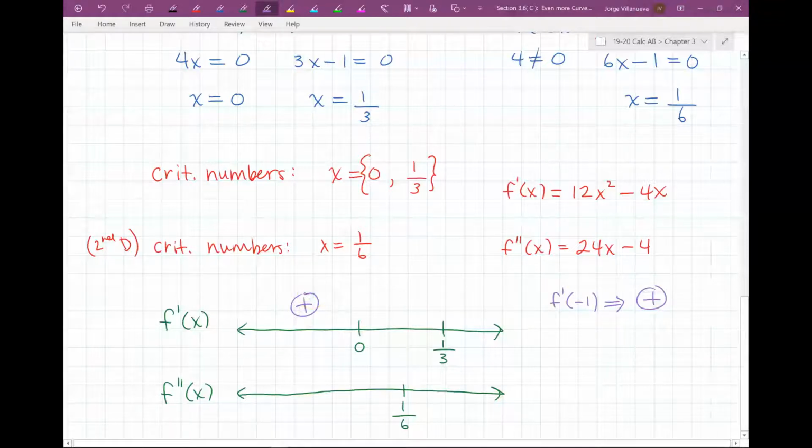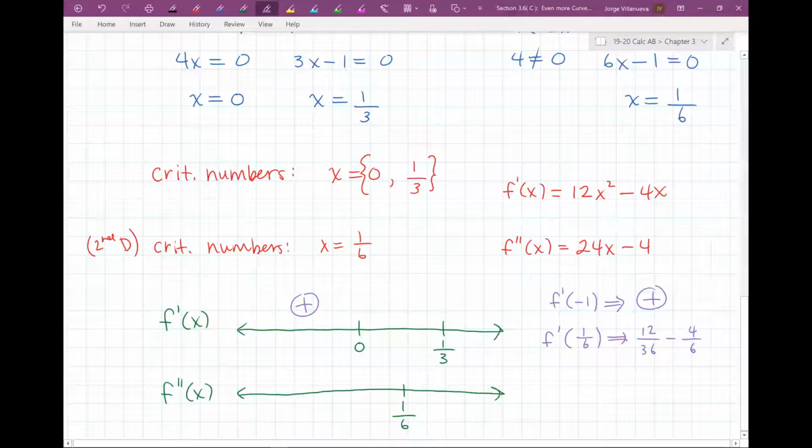What happens if I plug in a number between 0 and 1/3? So let's say 1/6. So f prime of 1/6. Well, let's see. 1/6 squared, that'd be 12 times 1/36. So 12 over 36 minus 4 over 6.